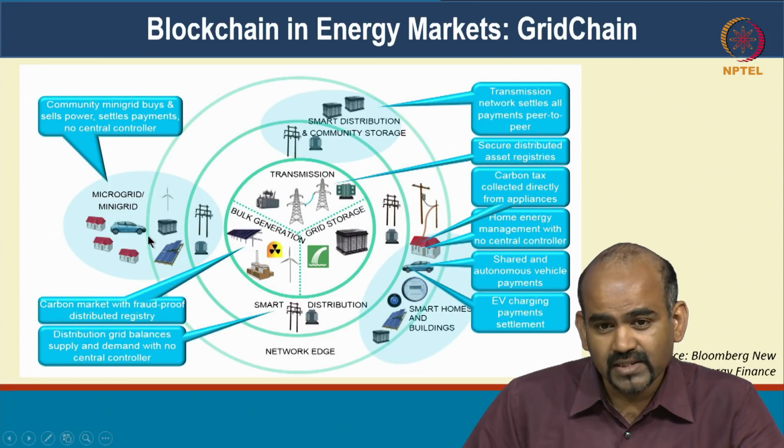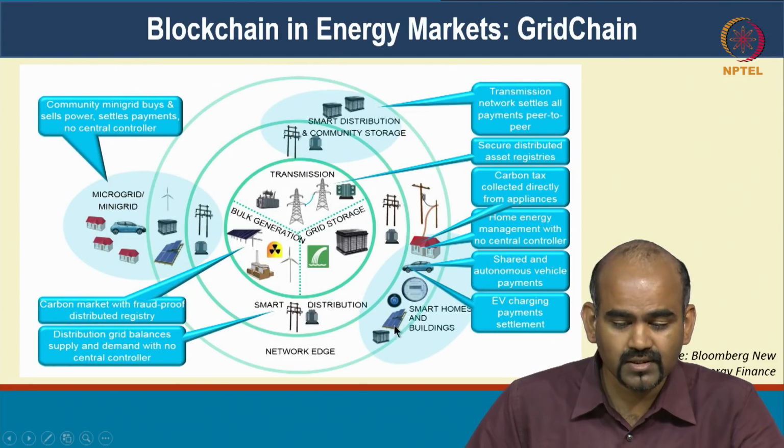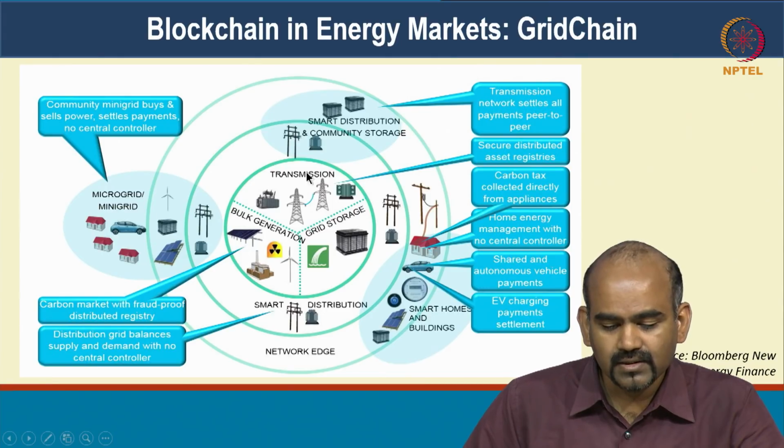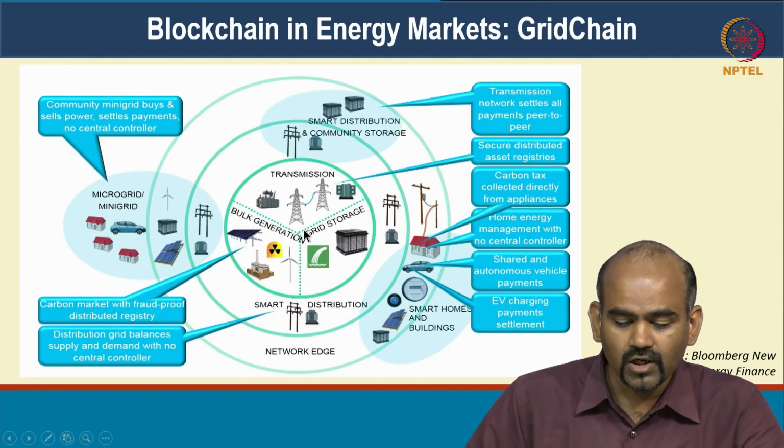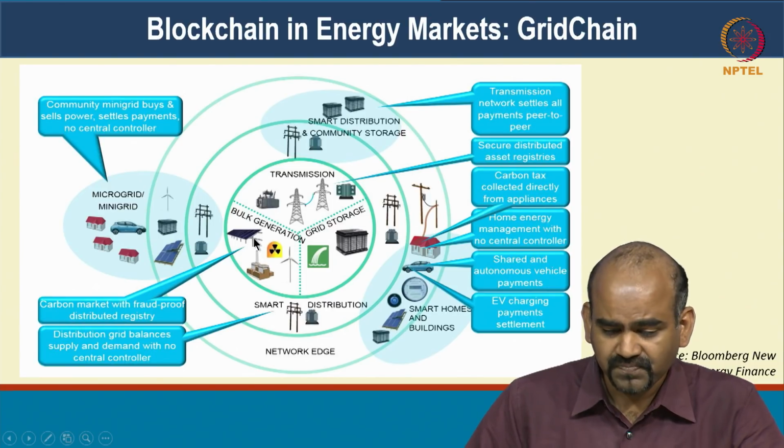Then maybe some of this excess power might get distributed across, and there's a smart distribution phase. So there may be transmitters and so on that are involved here. And then there's a core grid along with storage and bulk generation. So this might be coming from thermal power plants, and it's connected to that.